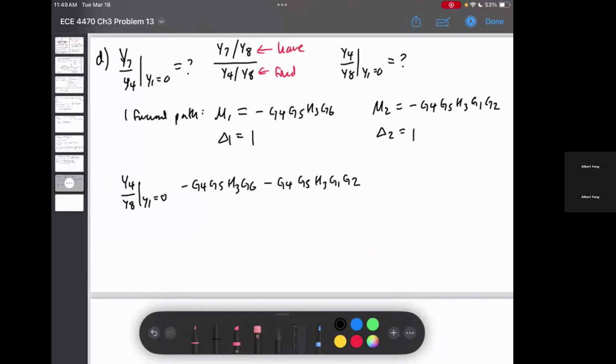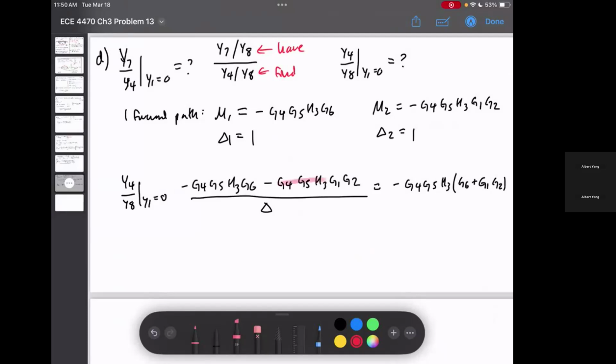Then you can also rearrange these, but okay. And then you can also simplify it by factoring out the common ones. That would be negative G4, G5, H3, then G6 plus G1, G2.